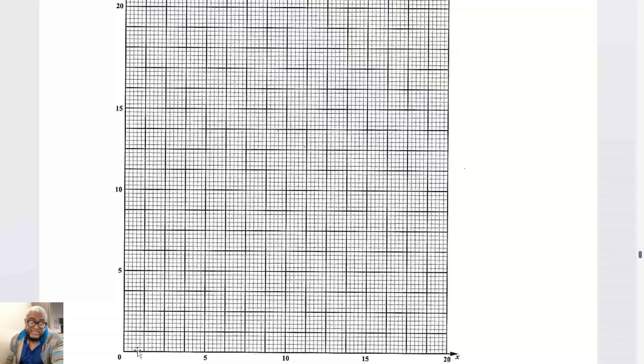So 20 divided by 5, every 4 small strokes is 1. So right here would be 1, we go 1, 2, 3, 4. Right here would be 2. But you don't need to write in this. Every 4 centimeters is 5 units. So draw it quickly.